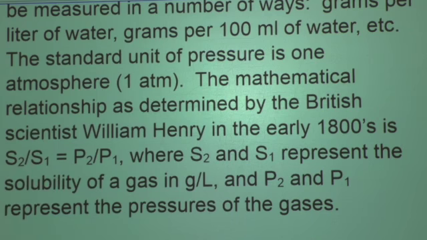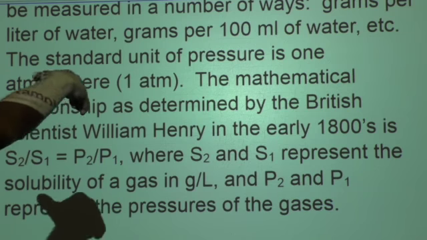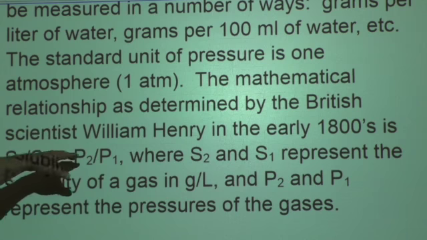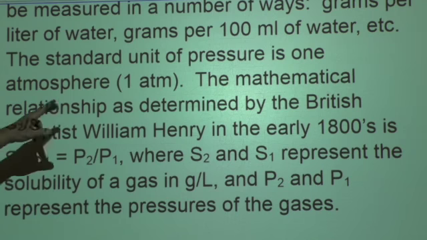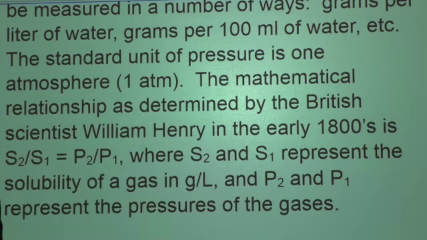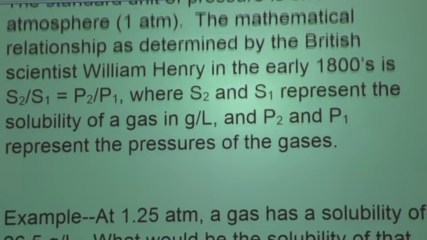Basically what it's saying is the relationship has got to stay on the same side as where the measurements were taken. So second on top and the first on bottom, or first on top and second on bottom. And this was developed by a British scientist by the name of William Henry in the early 1800s, so they named it after him, Henry's Law.